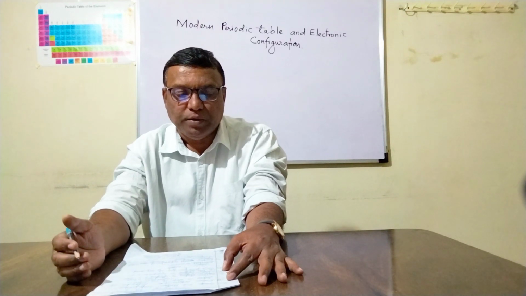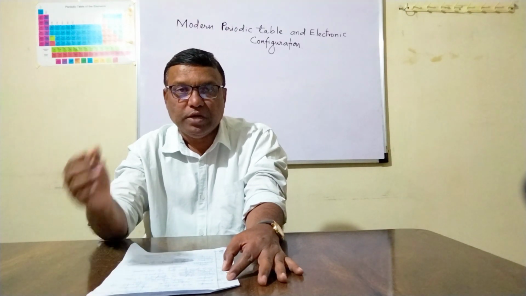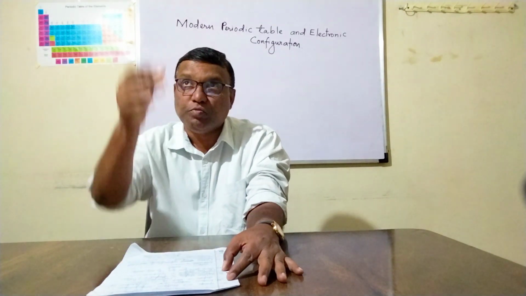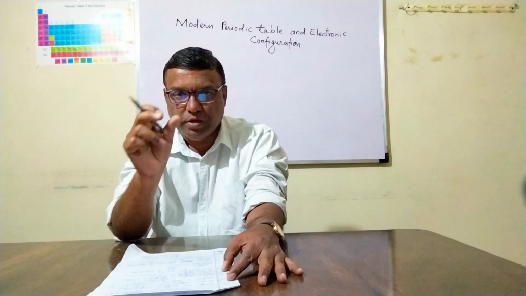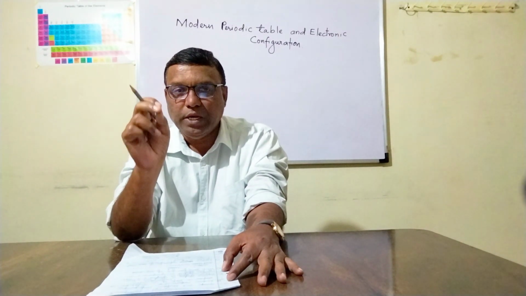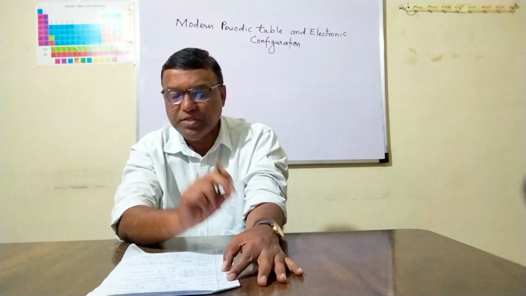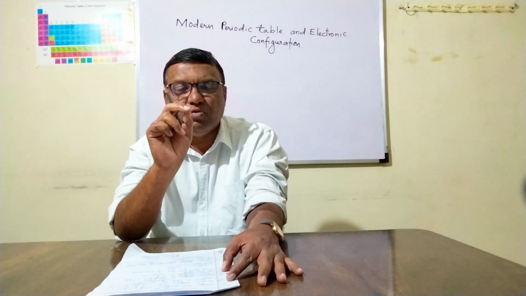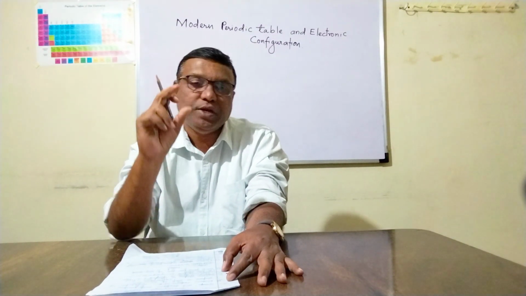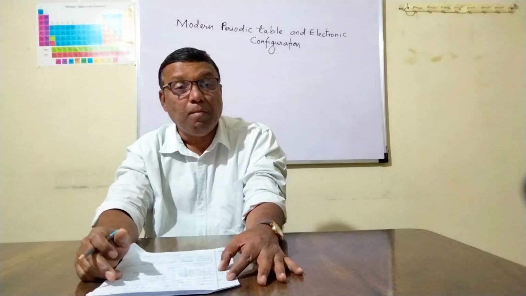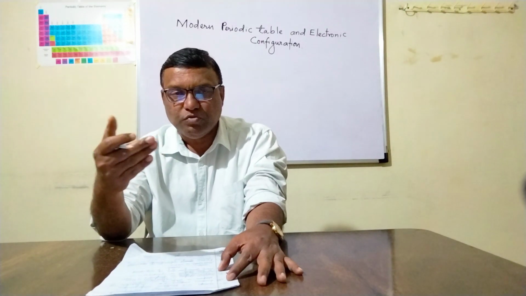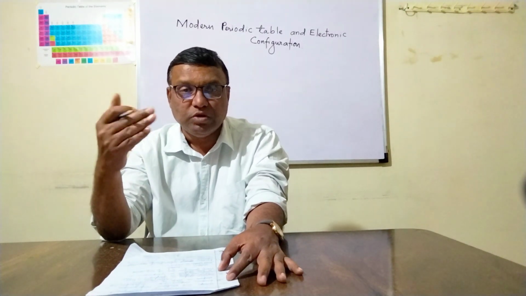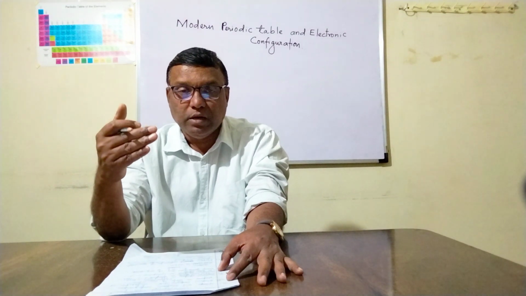Point number 4, valence electrons in group number 17. You know group number 17 is the group of halogens. In that, fluorine, chlorine, bromine, iodine, astatine, like that elements are present. Out of that, we are going to consider fluorine, chlorine, bromine and iodine. These 4 elements are combinedly called group number 17, that is halogens. In 10th standard we are going to consider halogens as chlorine, bromine, iodine and fluorine.